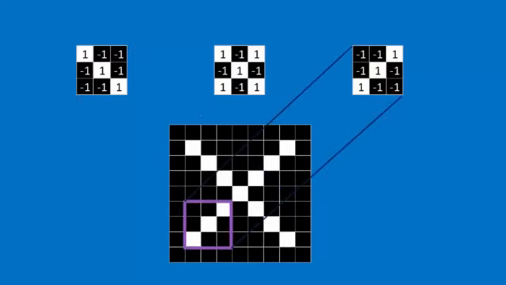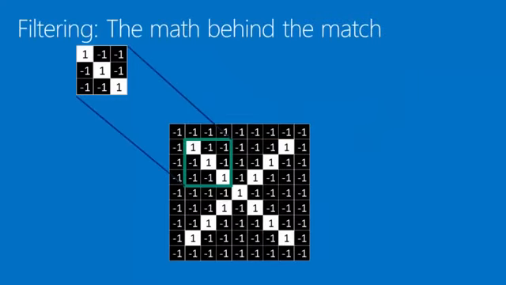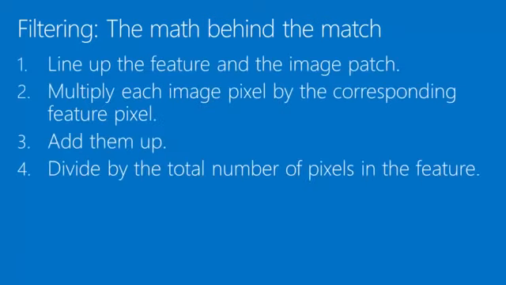So, okay, we have the bits and pieces. Now, to take a step deeper, the math behind matching these is called filtering. And the way this is done is a feature is lined up with the little patch of the image, and then one by one, the pixels are compared.